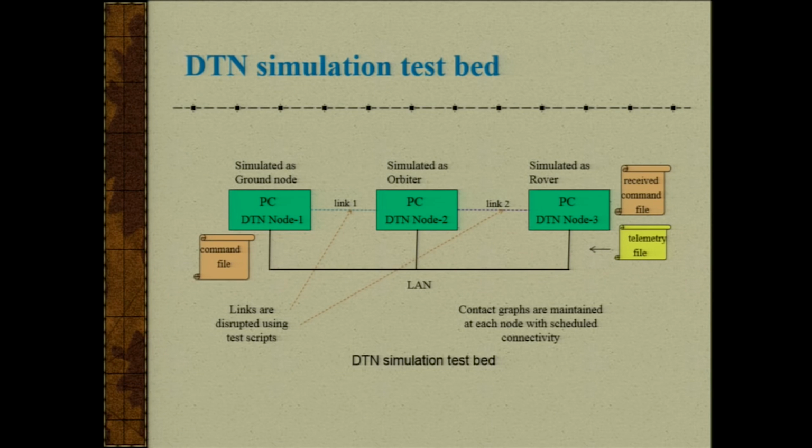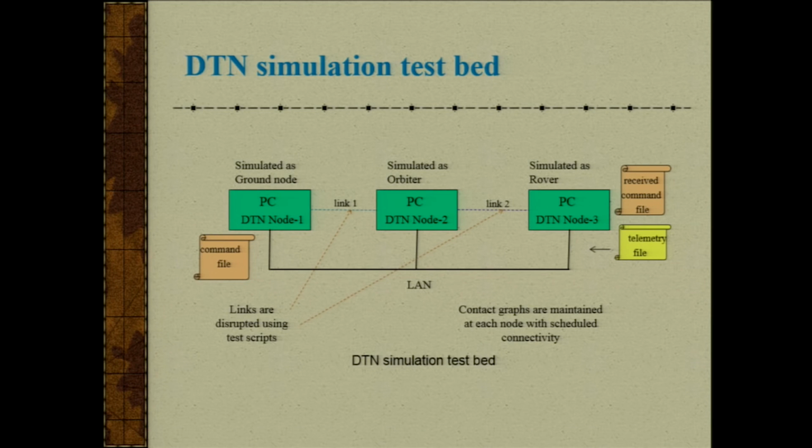DTN simulation test bed. Each PC is configured using the Linux operating system and the reference implementations are configured. Nodes 1, 2 and 3 are configured with the DTN2 reference implementation and simulated as a ground node, orbiter and rover. Links are simulated on LAN and the links were disrupted with the help of a test script such that at no time does the ground node have direct connectivity with the rover.